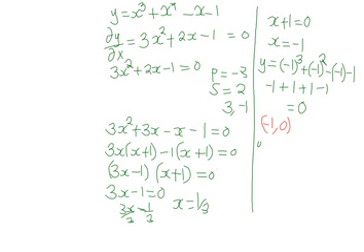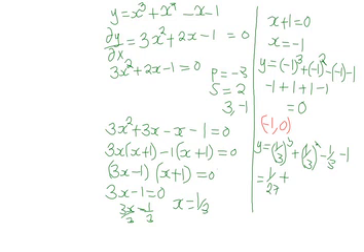So we have y equals 1 over 3 cubed plus 1 over 3 squared minus 1 over 3, then minus 1. So we have 1 over 27 plus 1 over 9 minus 1 over 3 minus 1.